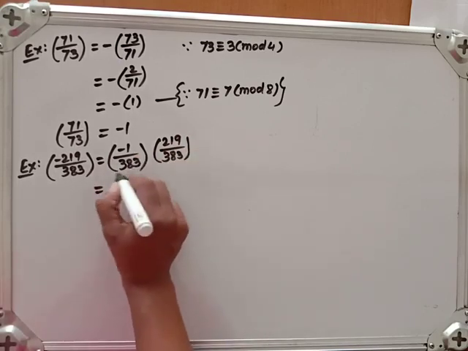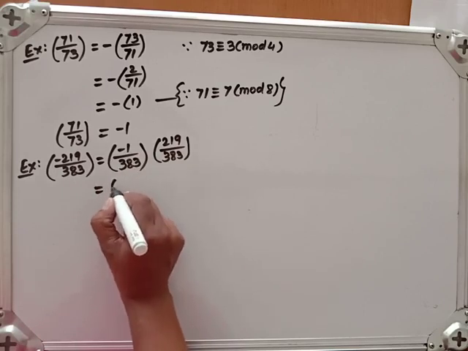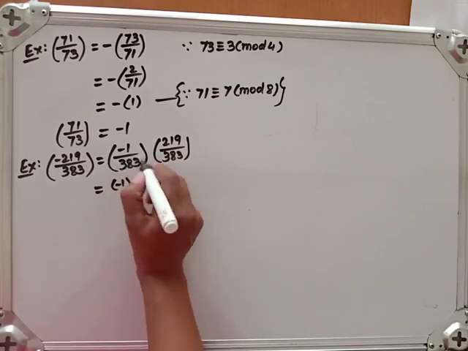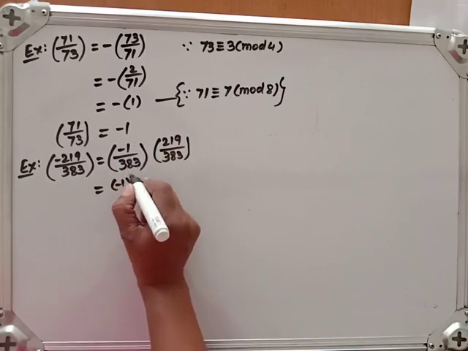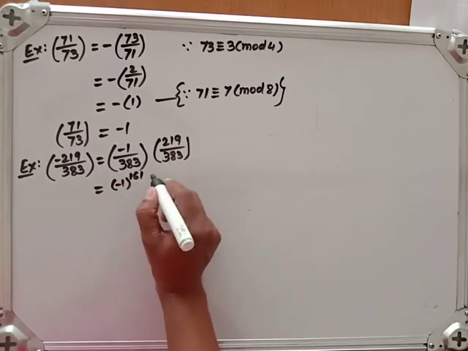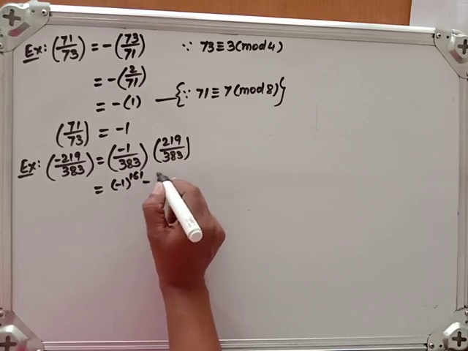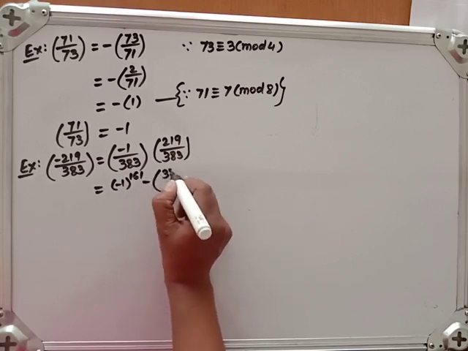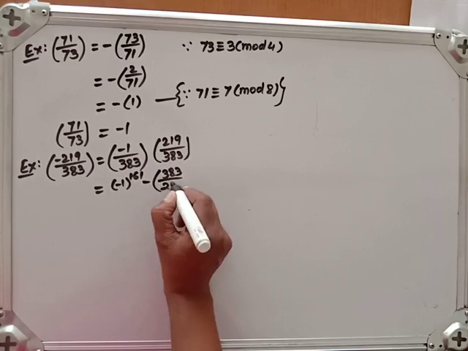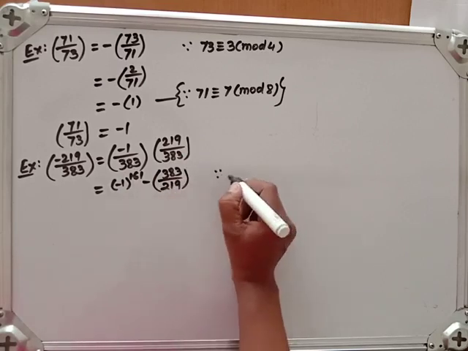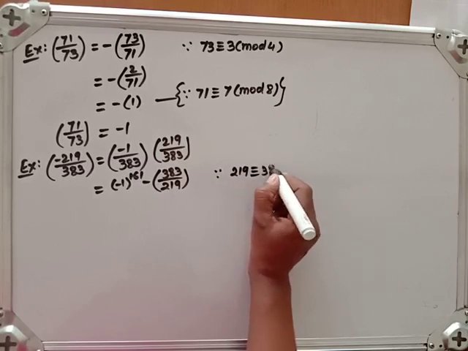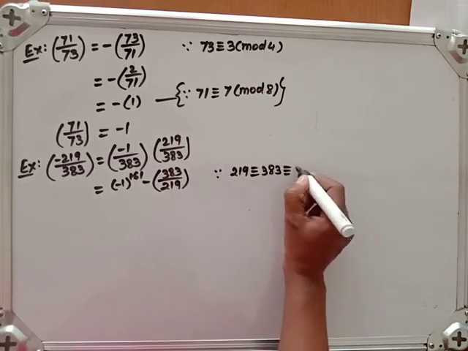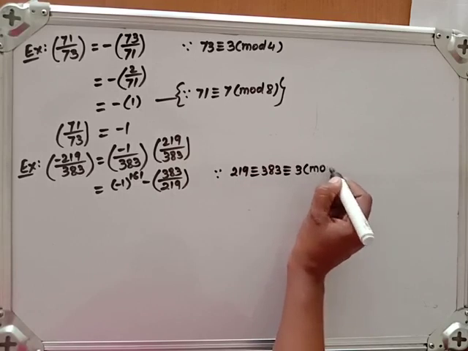This part is minus 1 raised to 161, and this is minus of 383 upon 219, since 219 and 383 are both congruent to 3 modulo 4.